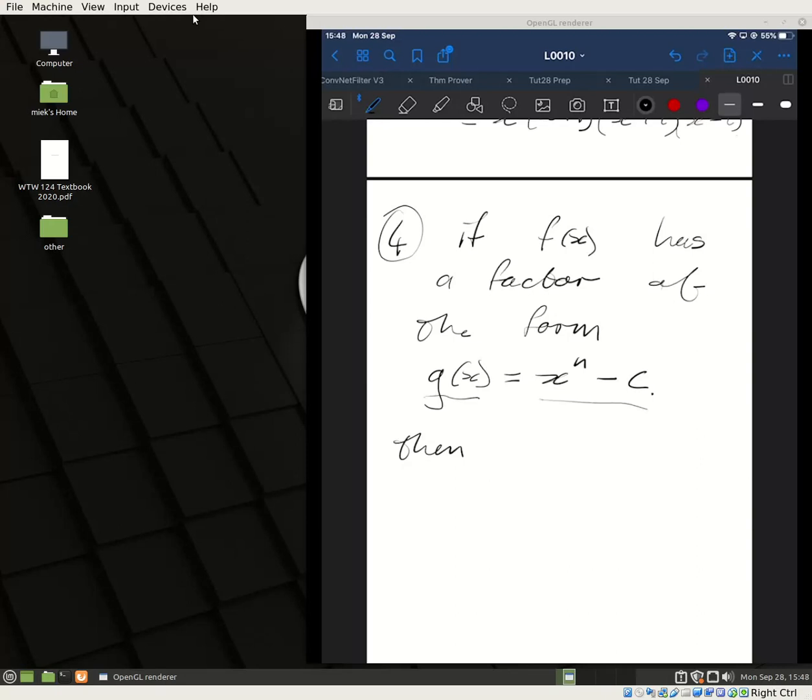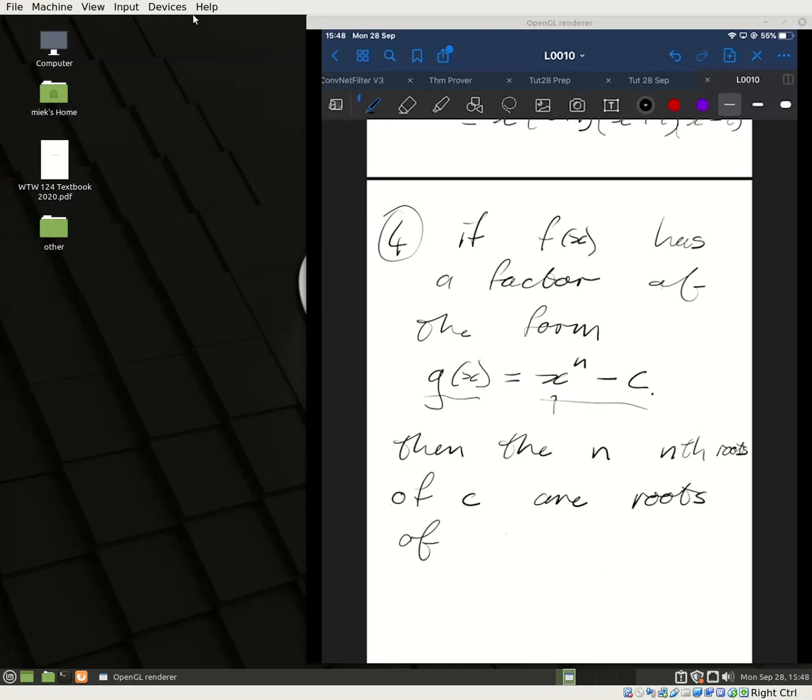Those are all the nth roots of c, and there are n of them. Then the nth roots of c are roots of our polynomial f of x.